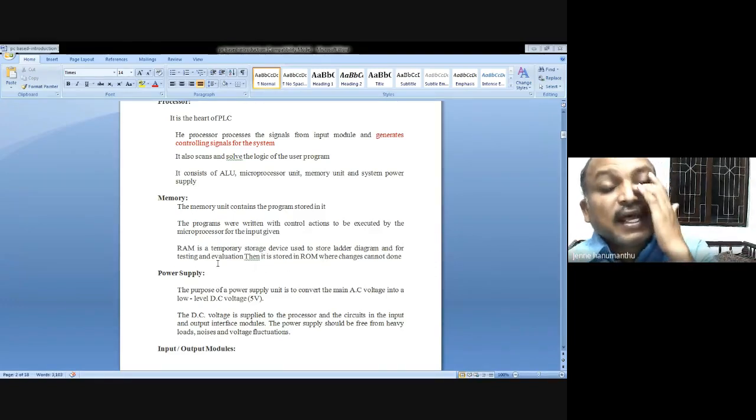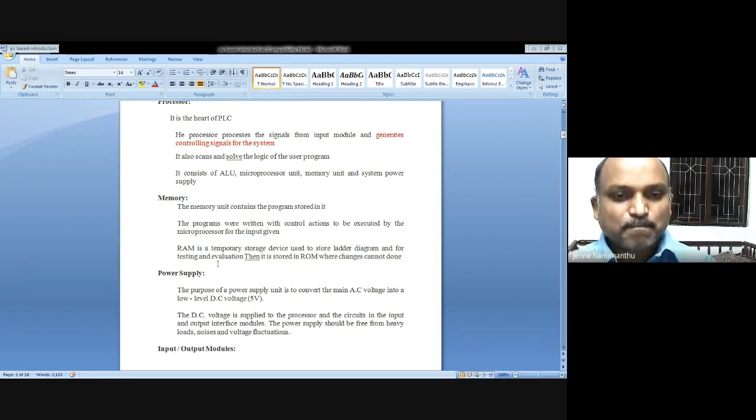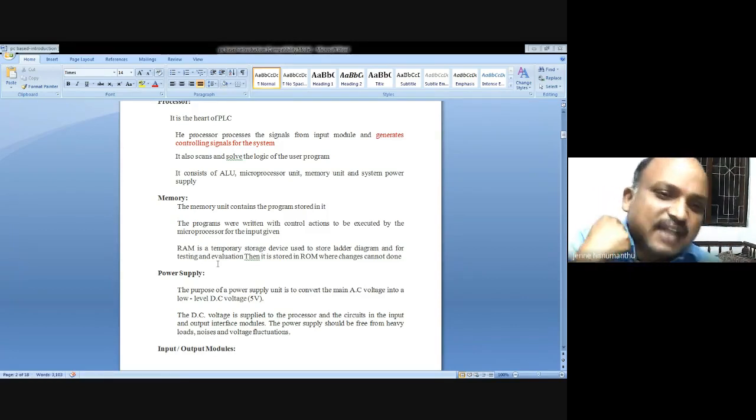That means this memory can be categorized into two, RAM and ROM. What is RAM? Random access memory. ROM means read-only memory. What is another name for RAM? Of course, random access memory: you can access the data randomly.